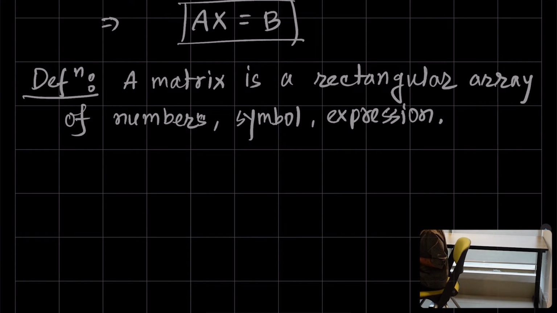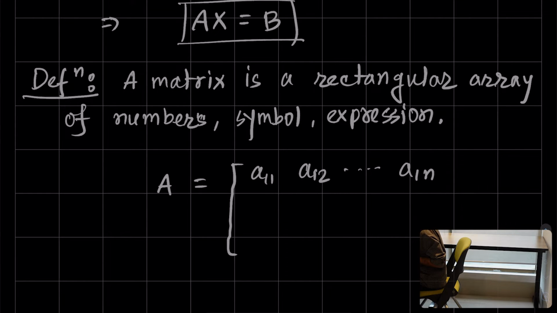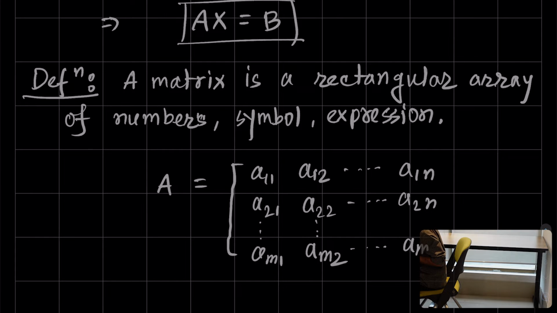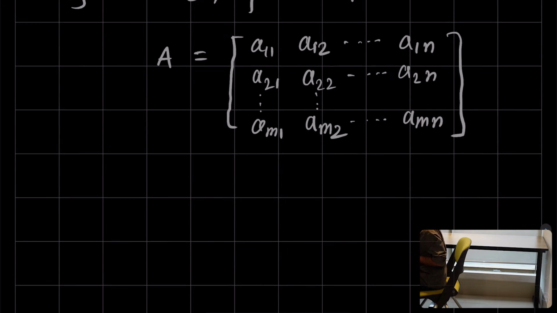So, for our case, a matrix is a rectangular array of numbers, and it can be written as A equals A11, A12, up to A1n, A21, A22, up to A2n, and so on down to Am1, Am2, up to Amn.